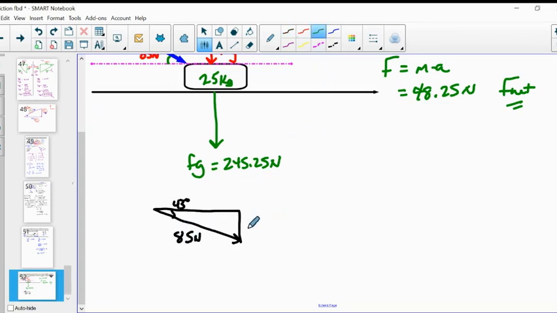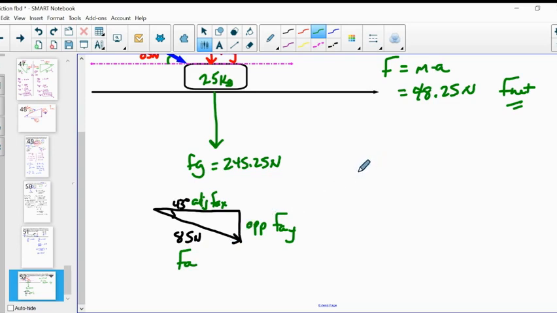Okay, so I'm going to label this triangle. This is my opposite side, which I'm going to call FA in the Y direction. This is my adjacent side, which is my FA in my X direction. And this is just simply my applied force of 85 newtons.